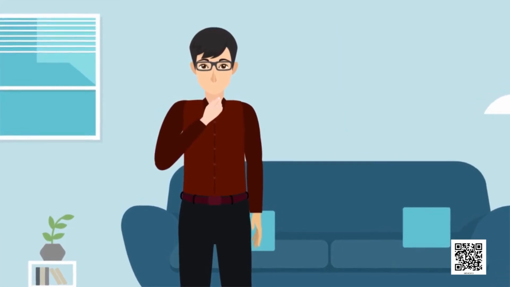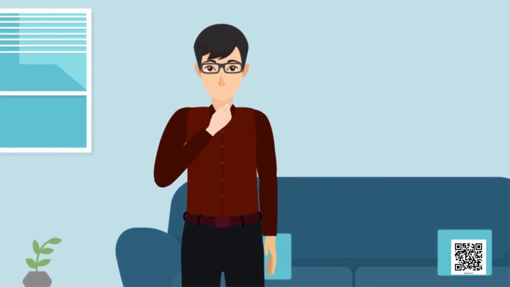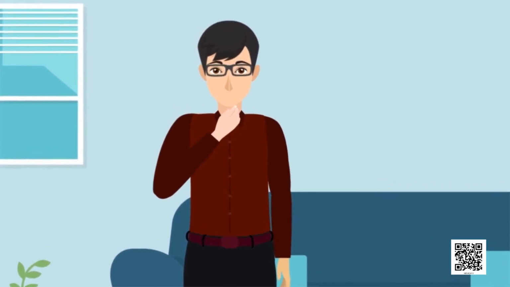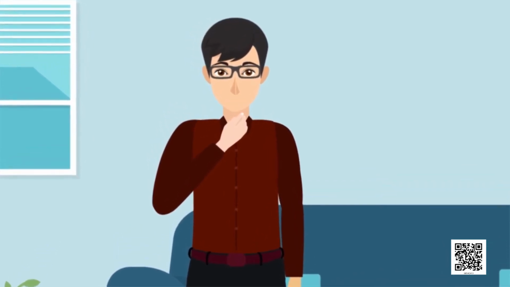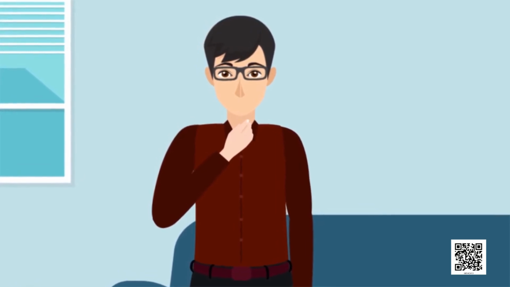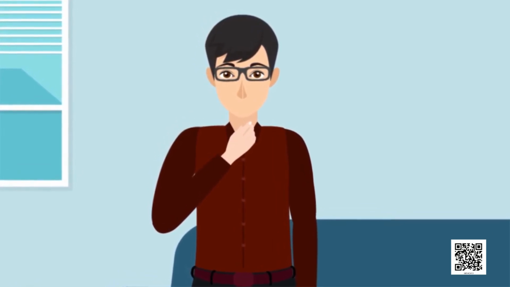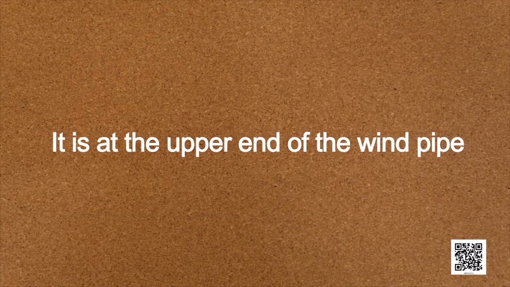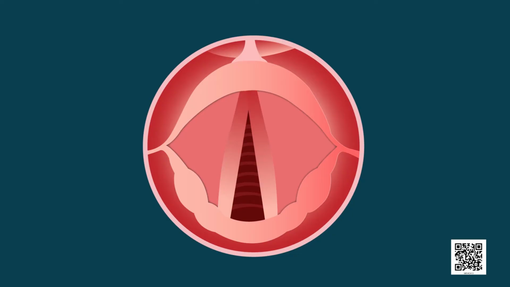Put your fingers on the throat and find a hard bump that seems to move when you swallow. This part of the body is known as the voice box. It is at the upper end of the windpipe.